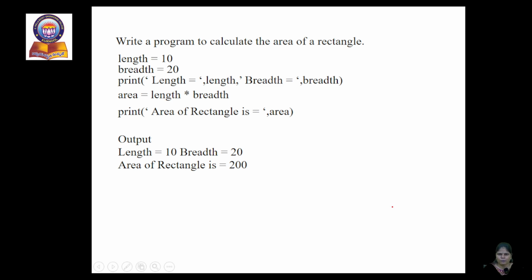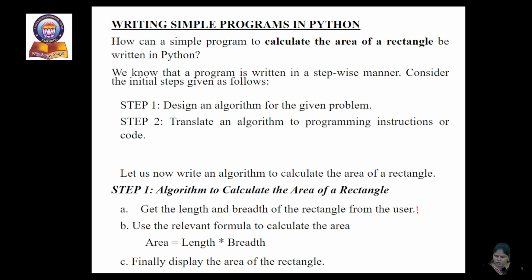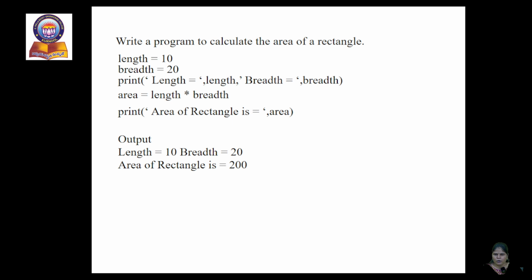So whenever we go with the program, this is an algorithm, and based upon this algorithm we are writing the program here. I have considered two variables, length and breadth. For the first variable I have taken a value of 10, and for the second variable I have taken the value of 20, and I want to print the length and the breadth value as length equal to length, breadth equal to breadth, right?